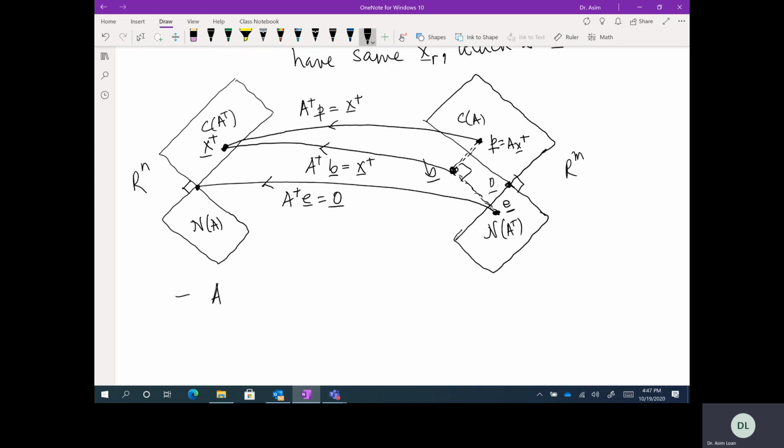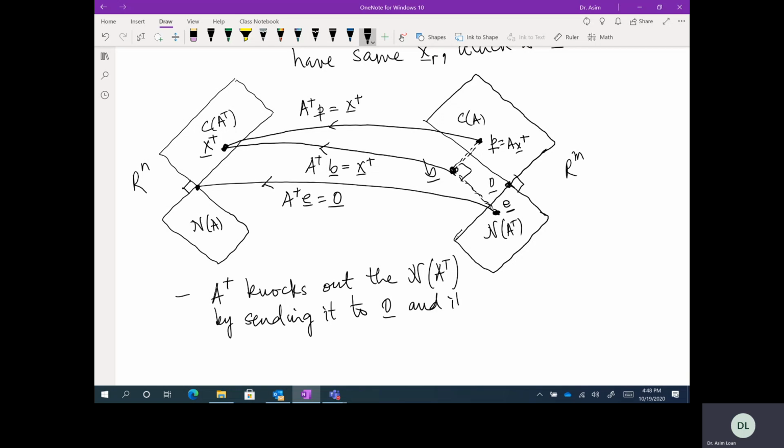So the pseudo inverse knocks out the left null space by sending it to 0, and it knocks out the null space of A by choosing x plus as xr.